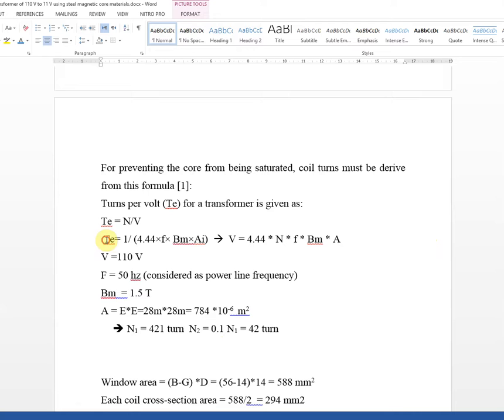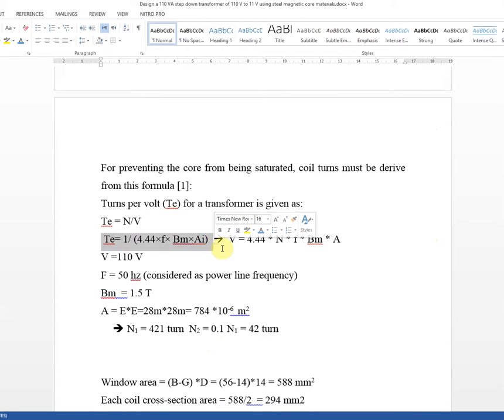As we know, the turns per volt is like this, and we change the form of the formula to V equals 4.44 times number of turns times frequency times maximum flux density times the area. So we know all the values that we need.